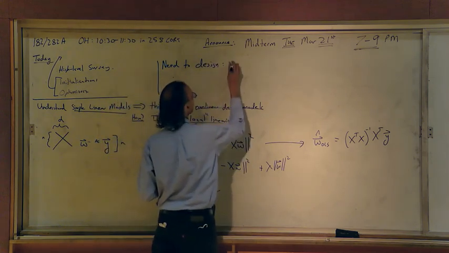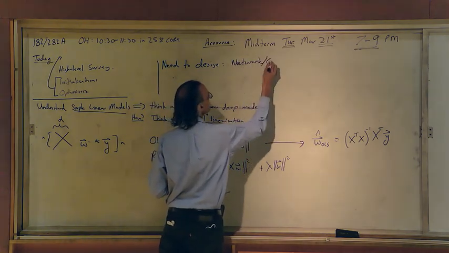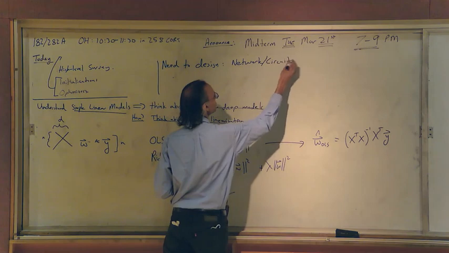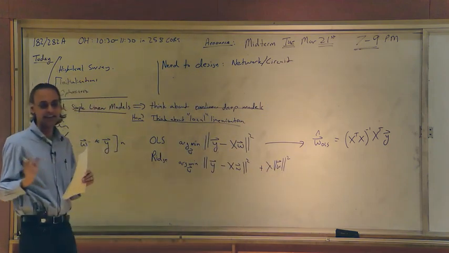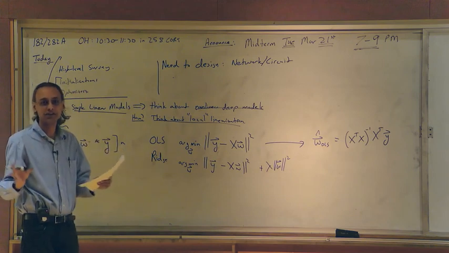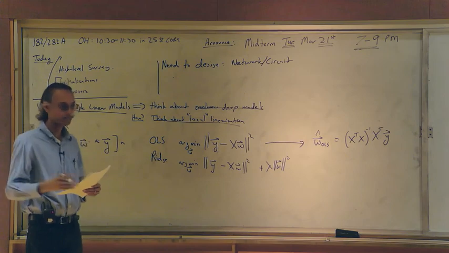We have to have a network or circuit that has tunable parameters that we're hopefully going to be able to encode the pattern into, so that it can take data and generalize.